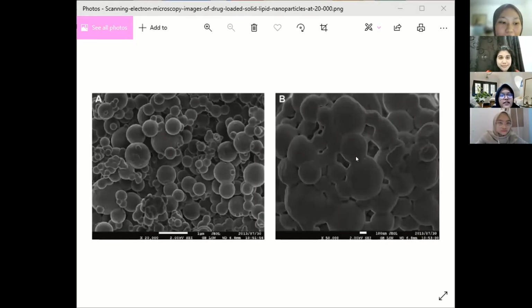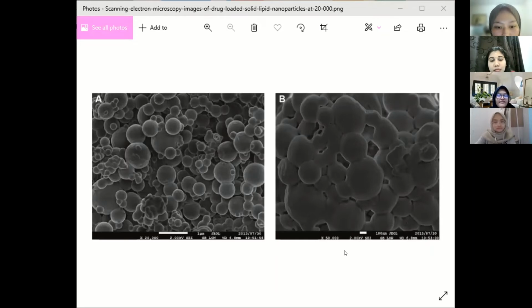Yes. Okay. Basically, SEM is used to observe the surface morphology of the samples, like Amira said, and SEM produces a 3D image. We can see here from the image that SEM provides higher resolution, and we can see that the mRNA solid lipid nanoparticle was spherical in shape. This is from my prediction only.